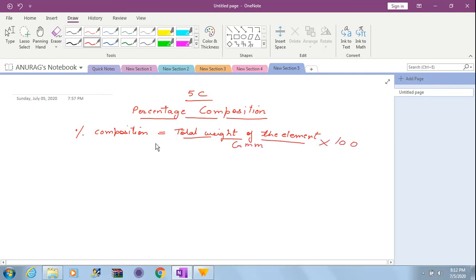Now this is your percentage composition. So through this particular formula we will be solving all the questions, right? This is your first part, percentage composition.